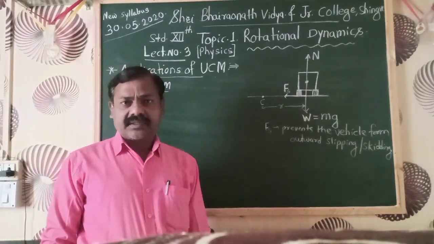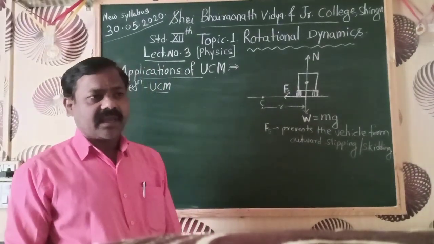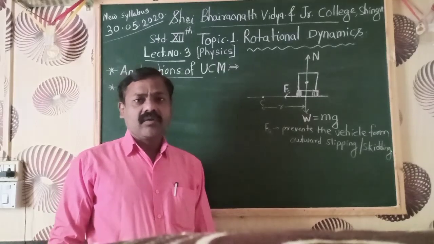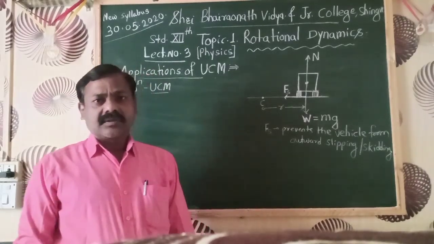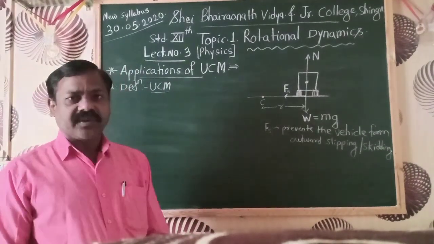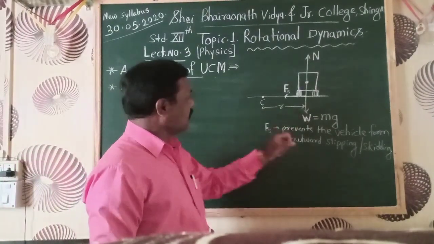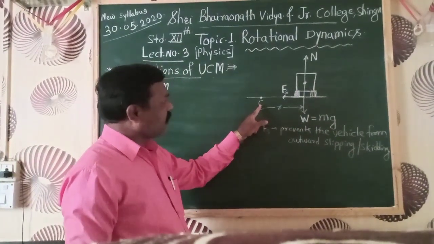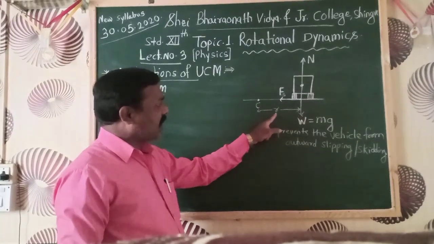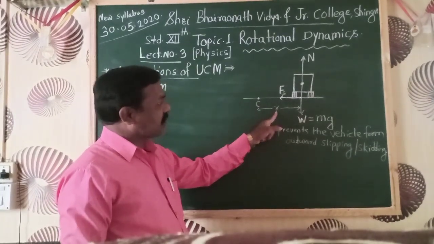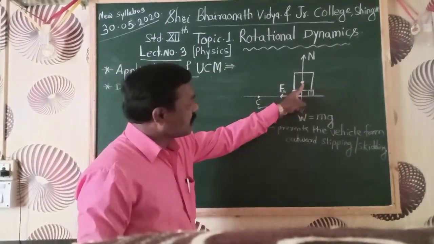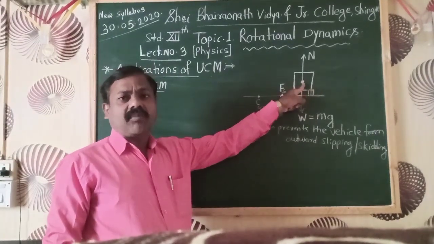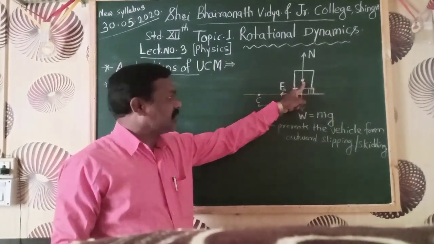First application is any vehicle or car moving along a horizontal circular track, the actual figure like this. Let C be the center of the circular track, R be the radius of the circular track, and the dot represents the center of gravity of a given vehicle.